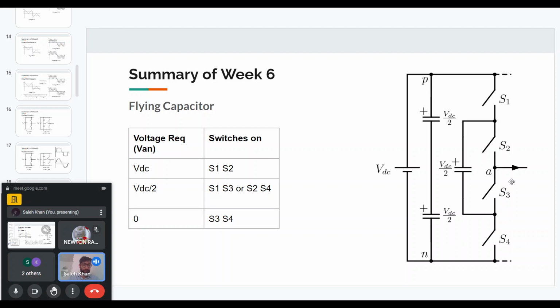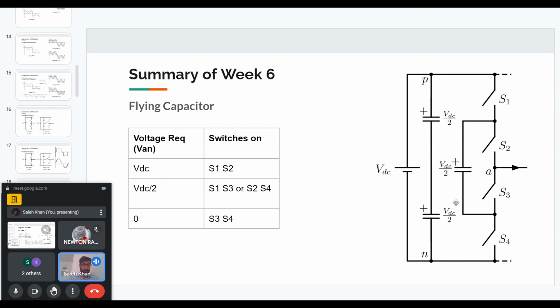So if you see, I will start from point A. I will go through S3 and then through the capacitor to S1. And if you see the voltage between point A and point N, it is VDC minus VDC by 2.